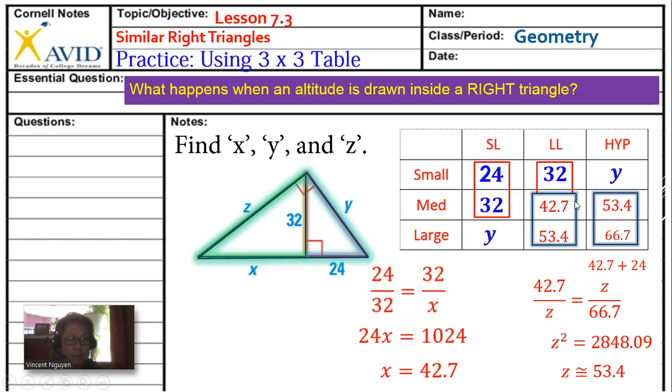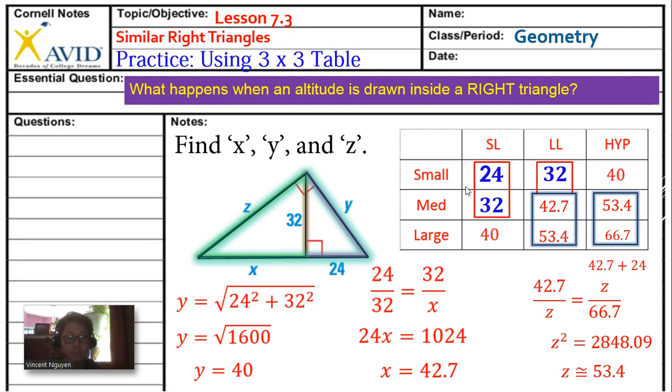They're not very friendly numbers, right? If I were to do a proportion, it might take me longer. Either way, I see that I could use the Pythagorean theorem here, so I'm going to do y equals the square root of 24 squared plus 32 squared. I get 40. So my y variable here is equal to 40.